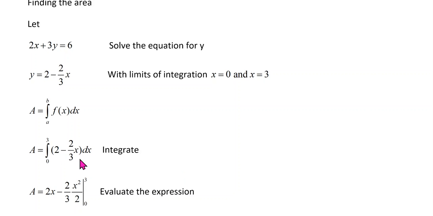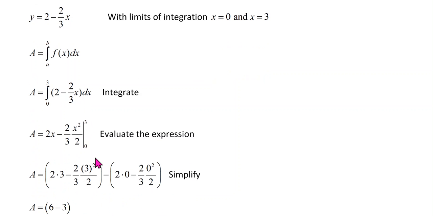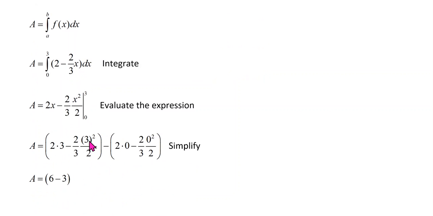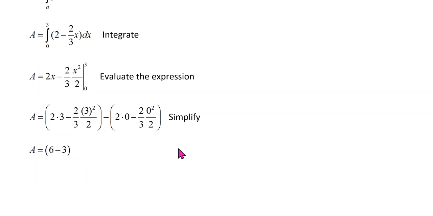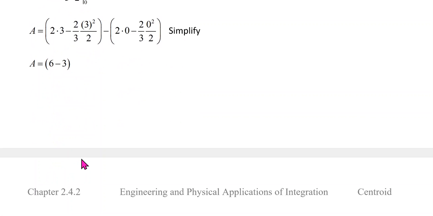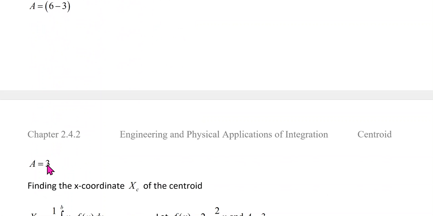We integrate f of x. We use the antiderivative of 2, which is 2x. The antiderivative of 2/3 x is 2/3 times x squared over 2. We're going to evaluate this at 0 and 3. So we get the area to be equal to 3.